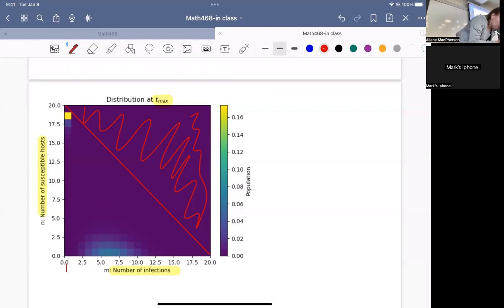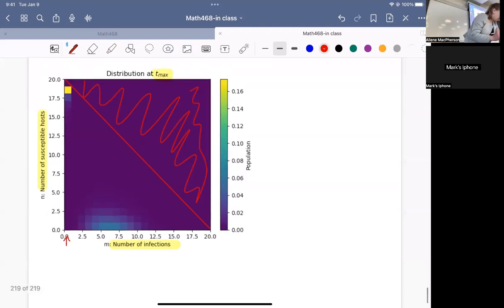This first column is the column where we have no infections, M equals 0. So what this first column describes is the disease-free state.